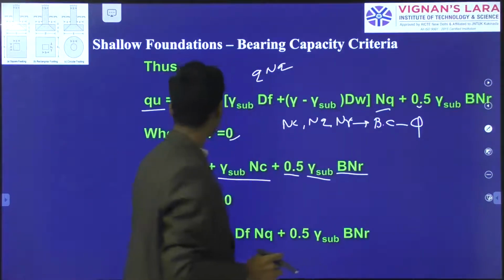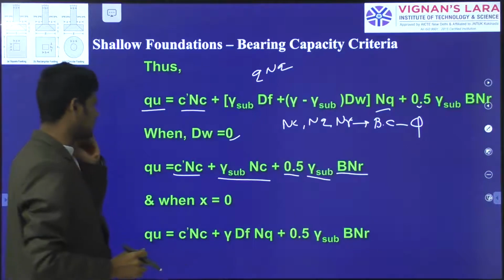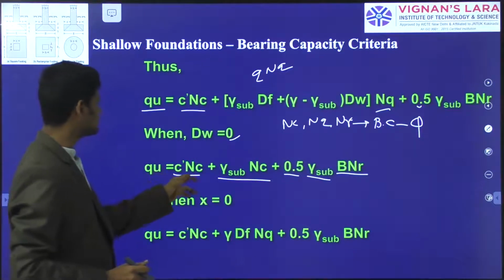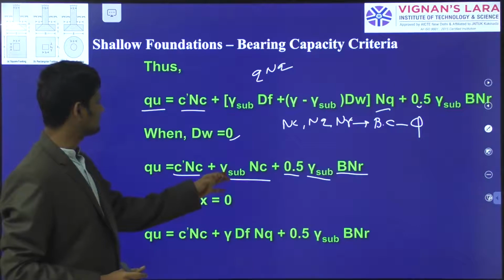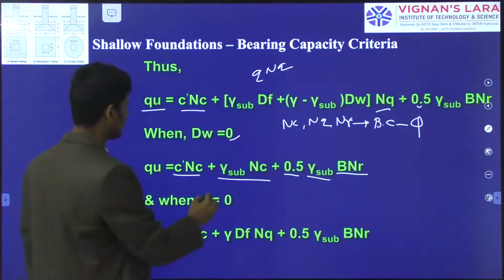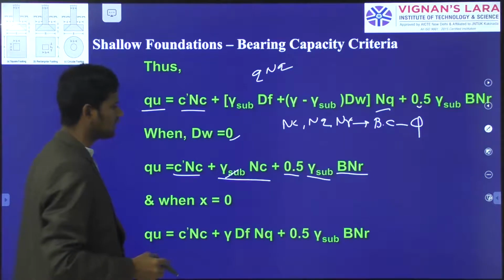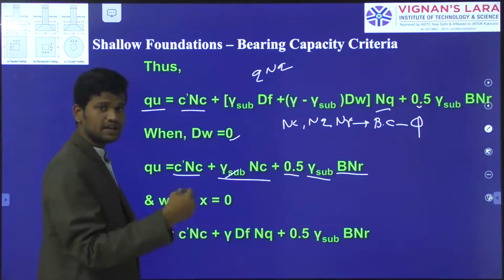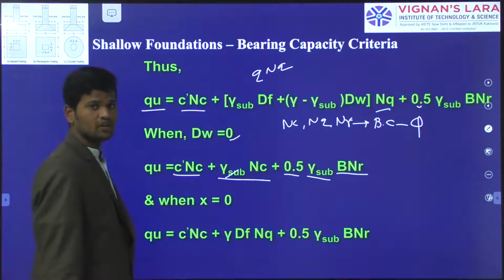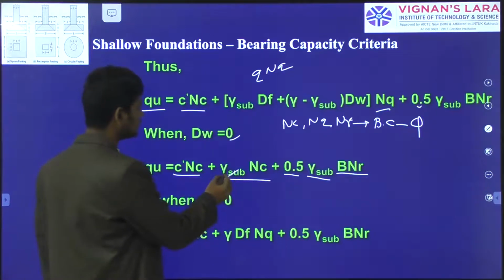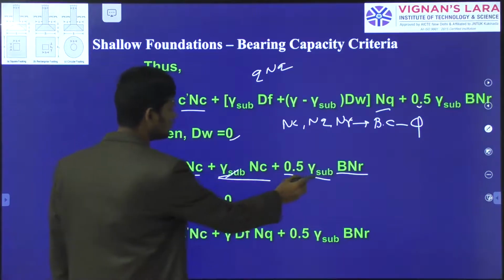When the depth of water table is 0, we have cNc plus the gamma submerged term, and the gamma term drops out. Then 0.5 into the unit weight, because the water table is at the base of the foundation and below the base we take the unit weight as gamma submerged.